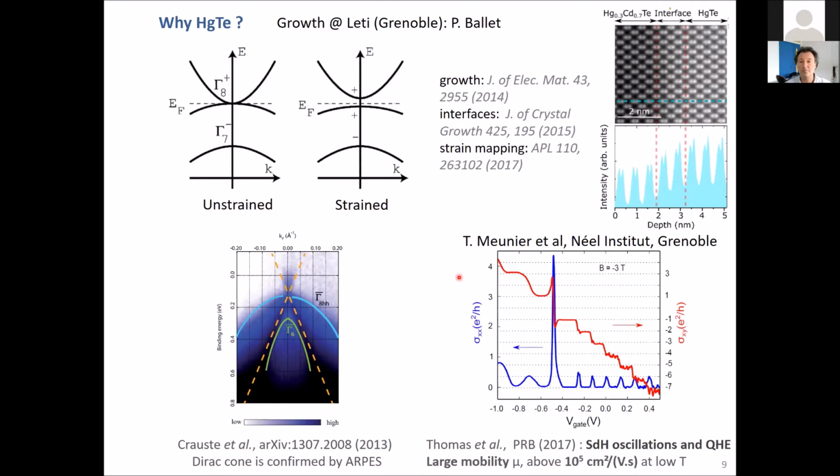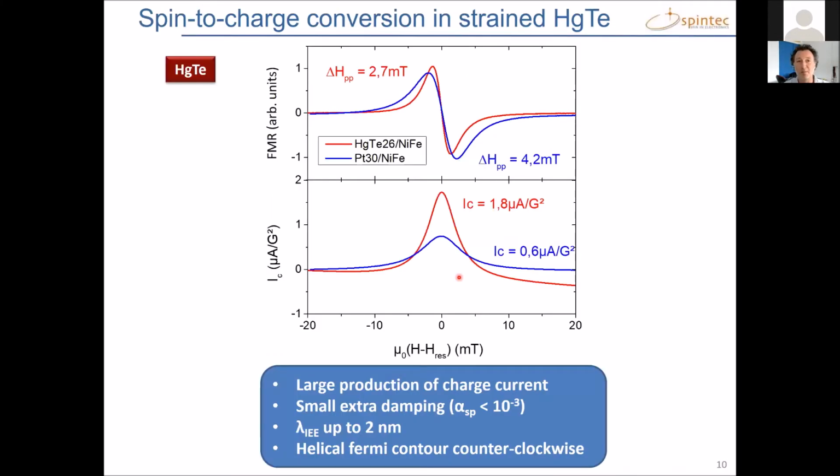So here is the spin pumping experiment that we carried out. And here, just to show you how nice this system can be, we compare in blue a reference sample, which is platinum and permalloy, and in red, the sample with the mercury telluride. On the top, this is the derivative of the spin absorption spectra. And at the bottom, the produced charge current at resonance.